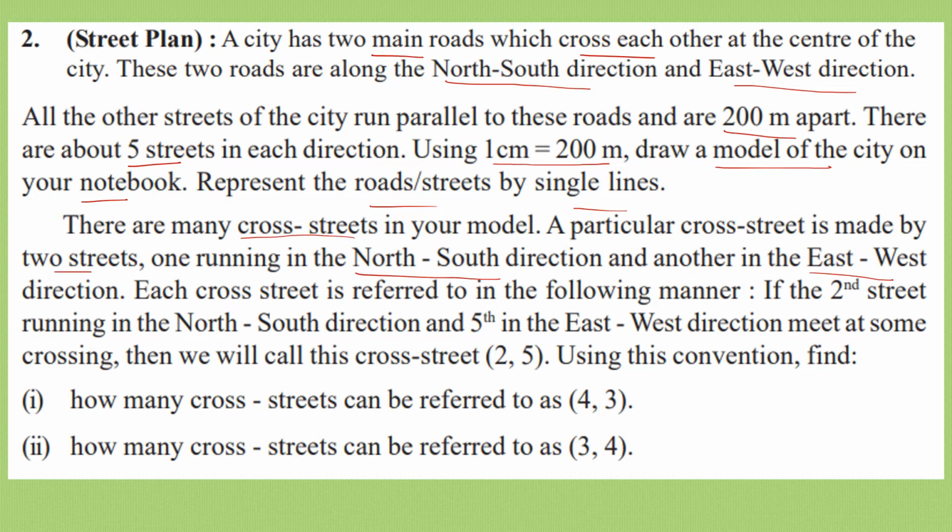It is written, if the second street running in north-south direction and fifth in the east-west direction meet at some point, then we will call this cross street 2-5. Using this convention, find how many cross streets can be referred to as 4-3 and how many cross streets can be referred to as 3-4. Now this question, if you read it one more time, it will be more clear to you what to do. Now let's see its solution.